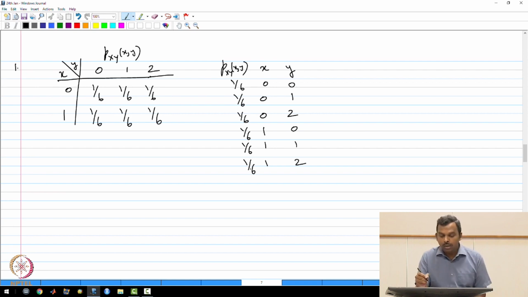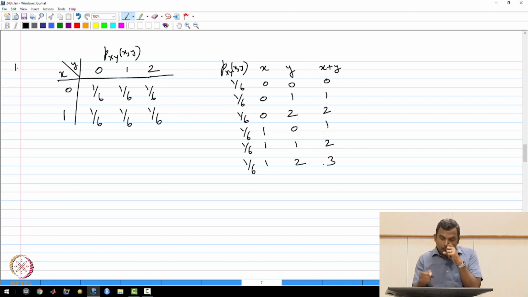Now, let's say I'm interested in the function x plus y. You write it like this, and then you write down what x plus y is: 0, 1, 2, 1, 2, 3.